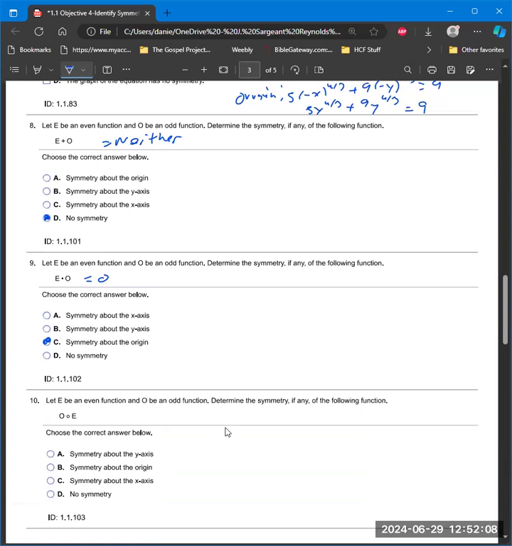An odd function composed with an even function will be symmetric about the y-axis. We'll take on those properties of that even function.